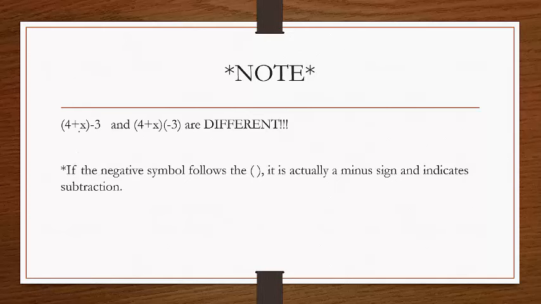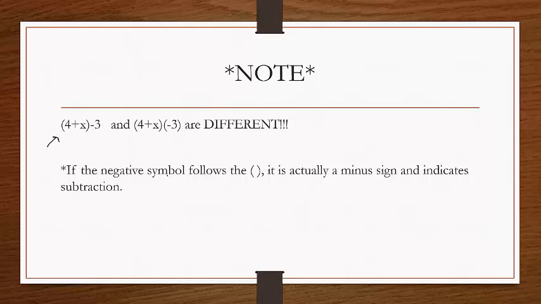So we're going to make a little note here. I wanted to point out these are 2 common mistakes I see. The first one reads 4 plus x minus 3. The one on the right reads 4 plus x times negative 3. So these are different. We've got to be really careful about that. So the general rule is if you have a negative symbol after your parenthesis, like in this example, you have to treat it like it's a minus sign.